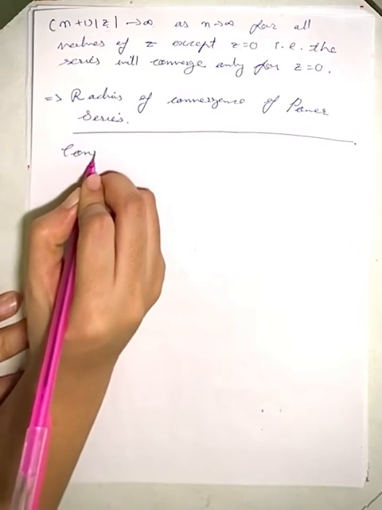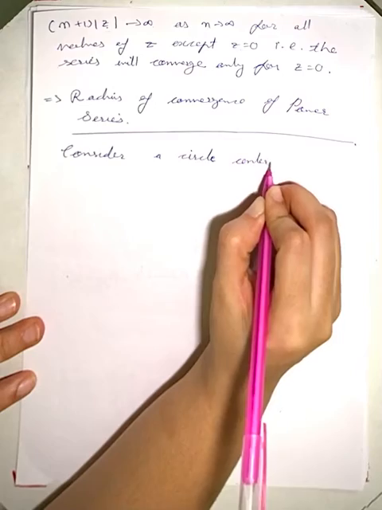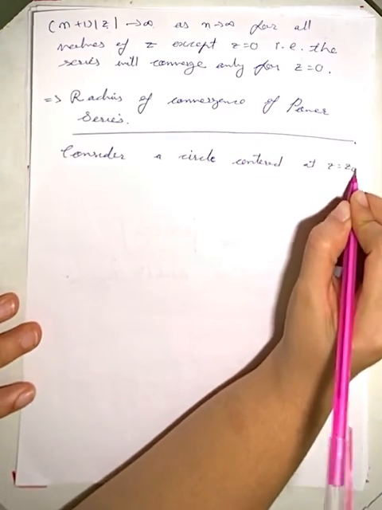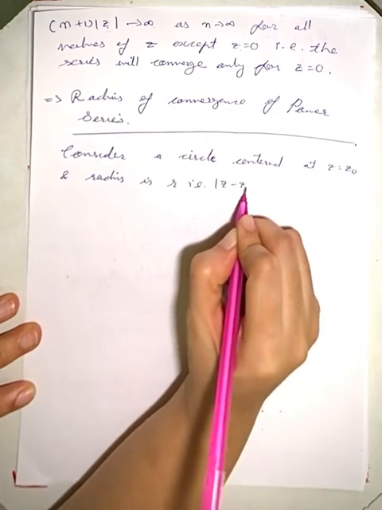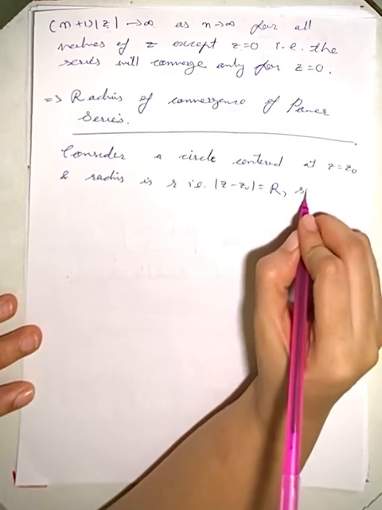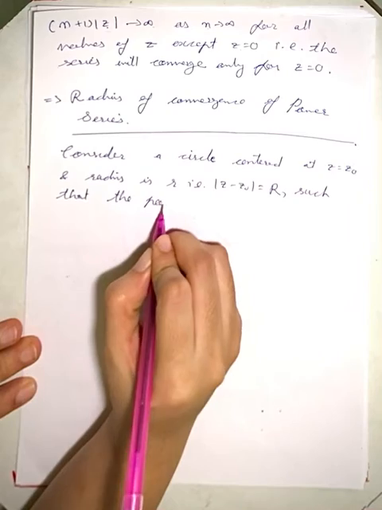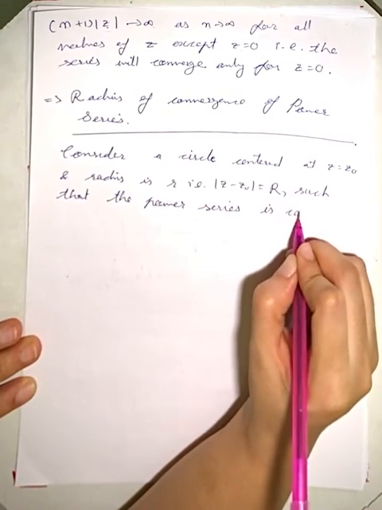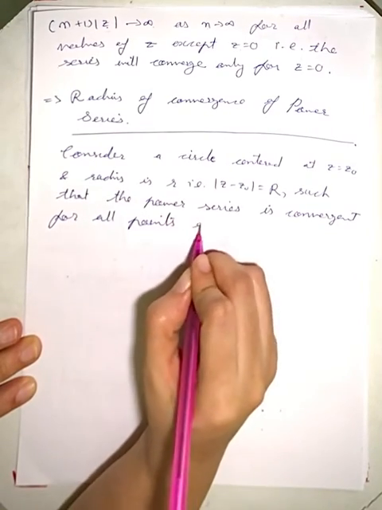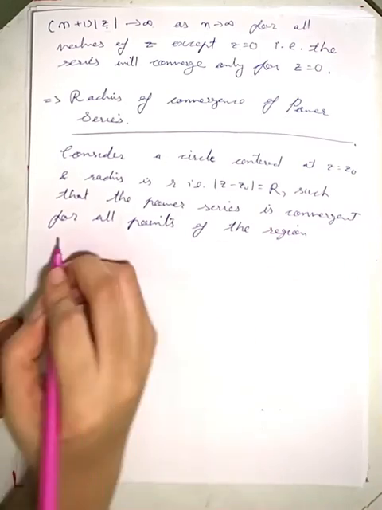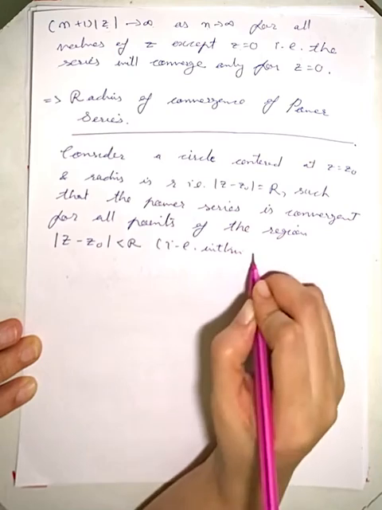So just consider a circle, just like in the previous case, which is centered at z equals z0, and the radius is R, that is |z minus z0| equals R, such that, now this is very important, the power series is convergent for all points of the region |z minus z0| less than R, that is within the circle.